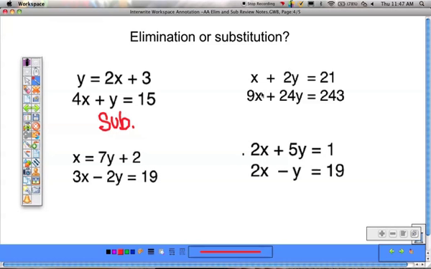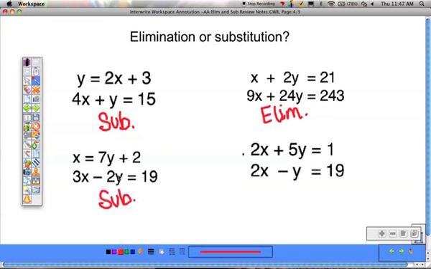All right, let's go over here. This one, elimination would be the easiest method, or fastest, because if you use substitution, you'd have to get one variable by itself. You could pretty easily, though, get x by itself, so substitution wouldn't be too bad. It'd just be one extra step. This one right here, substitution would probably be a little bit quicker.